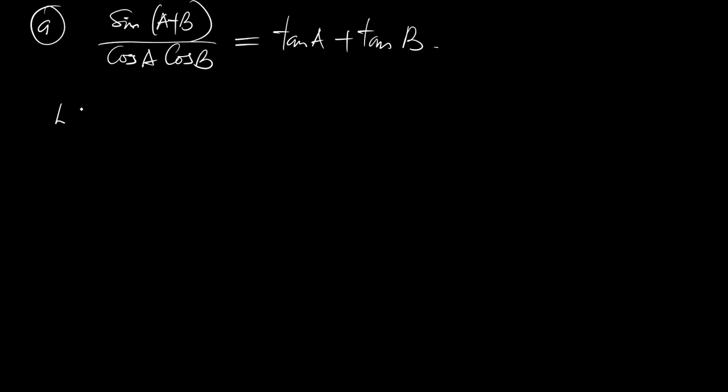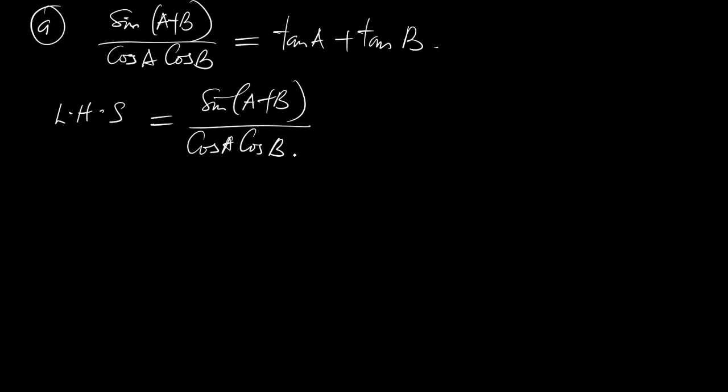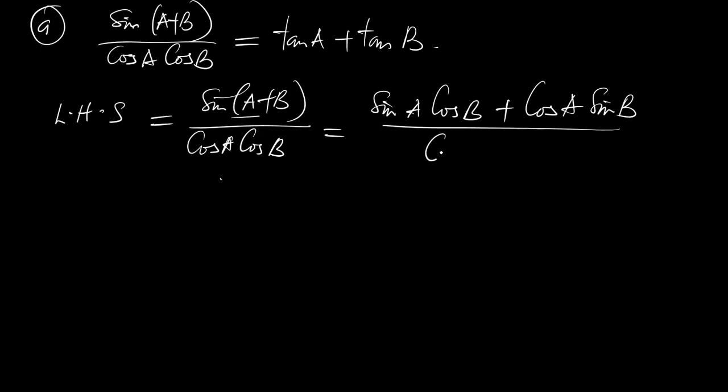Let's use the left hand side to solve this particular problem. You have sin(a + b) divided by cos a cos b. Now expanding using the trigonometric identity, the numerator is sin a cos b plus cos a sin b, divided by cos a cos b.